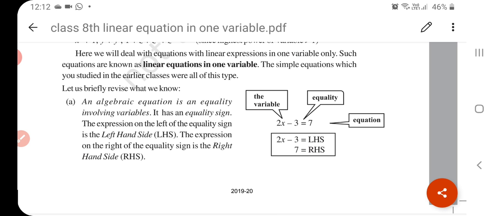The main difference between a phrase and a full sentence is the presence of a verb, and in the case of an equation the mathematical verb is the equal to sign. See here, 2x minus 3 is equal to 7. Here is the equal to sign.